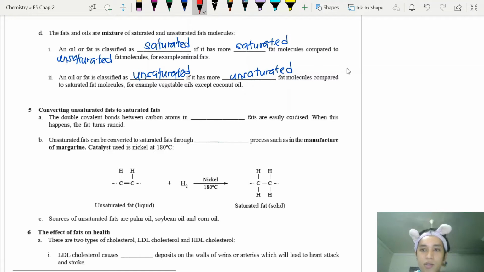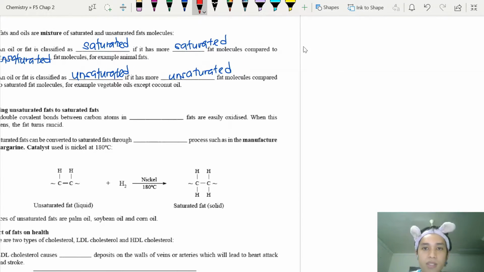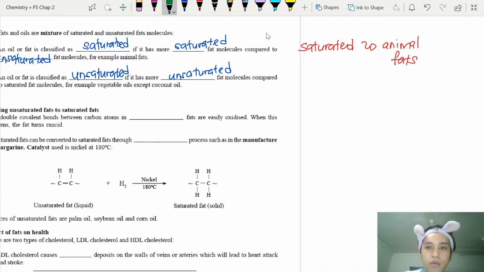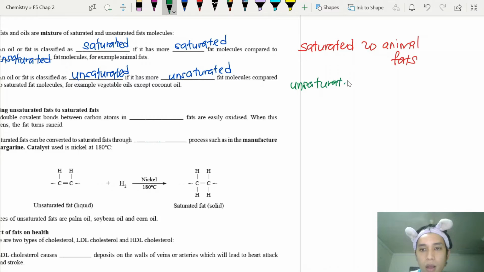So, simply said, saturated, this one is animal fats. And unsaturated is actually your vegetable oils or fish oils, for example.